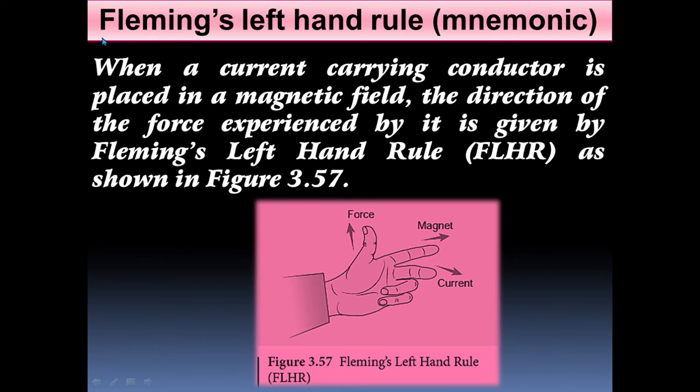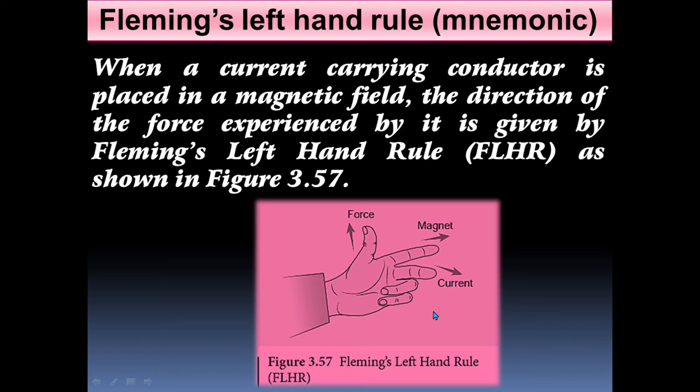Next, Fleming's left-hand rule, otherwise called the mnemonic rule. When a current carrying conductor is placed in the magnetic field, the direction of the force experienced by it is given by Fleming's left-hand rule. FLHR is the short form of Fleming's left-hand rule.